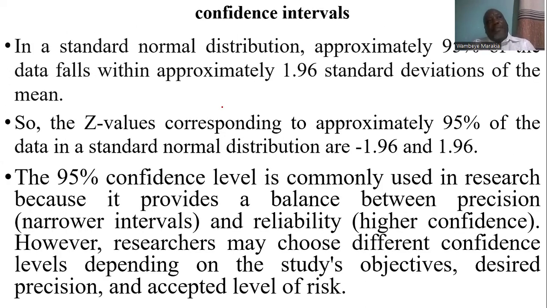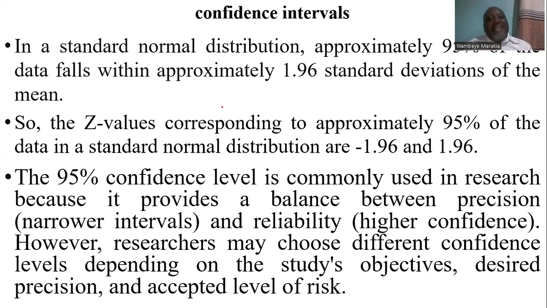Confidence intervals. I've talked about confidence intervals when I was talking about the Z-scores. Now, in a standard normal distribution, statisticians have calculated and come up with normal distribution tables, and they say that approximately 95% of the data falls within approximately 1.96 standard deviations of the mean.